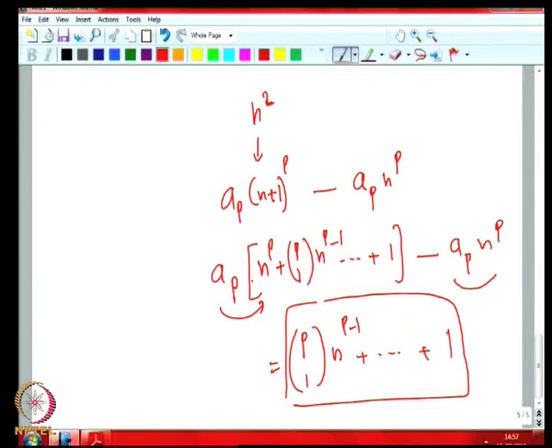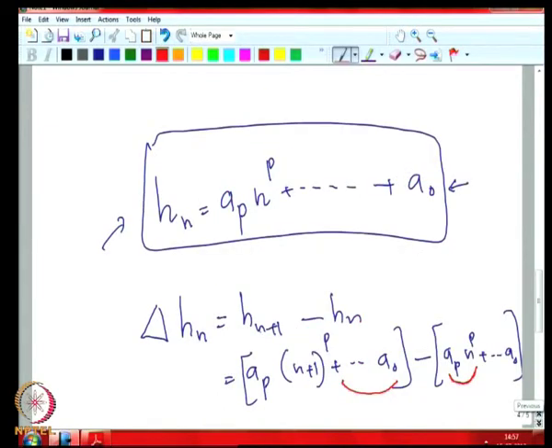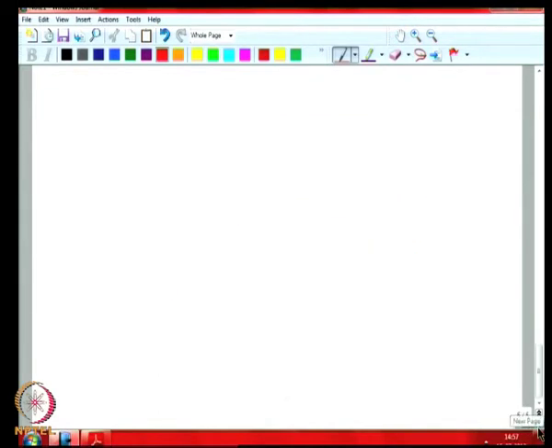In other words, the coefficient of n raised to p will be 0. So this delta of Hn, the first order difference sequence, has a general term that is a polynomial in n of degree p minus 1 or less.